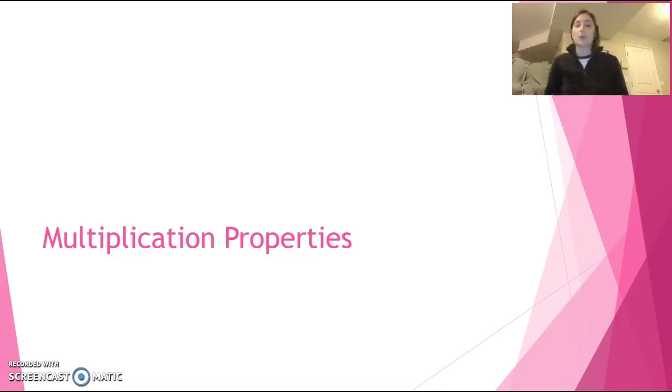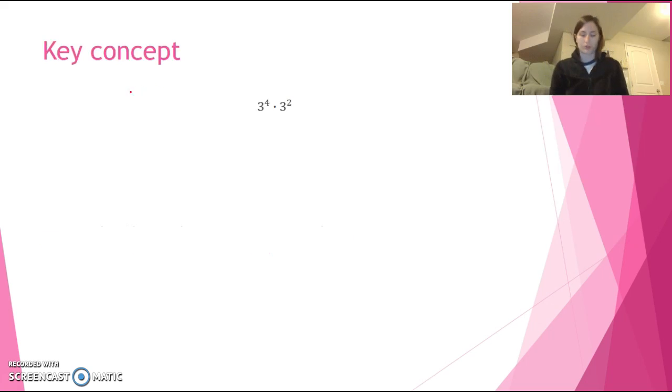Alright, so now we're going to talk about multiplication properties, and there's a couple, but I want to show you why this works at first. So we're used to this, and we know that 3 to the 4th would be the same as 3 times 3 times 3 times 3. And then we're taking that times 3 to the second, which is 3 times 3.